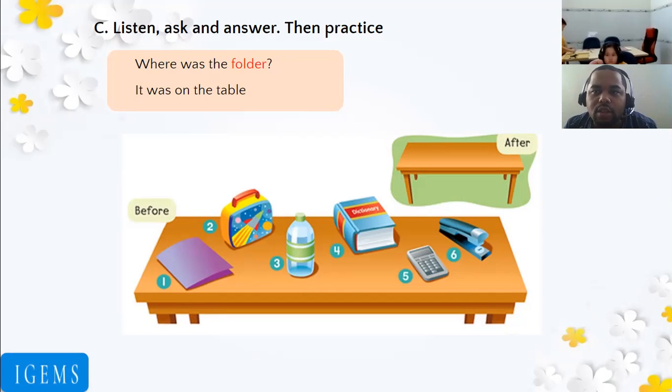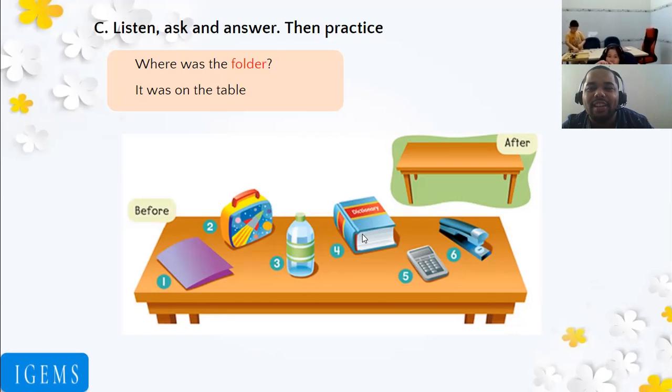Let me ask you something. Where is the dictionary? It was on the table. The dictionary. Can you see the number 4? See the number 4. The dictionary.